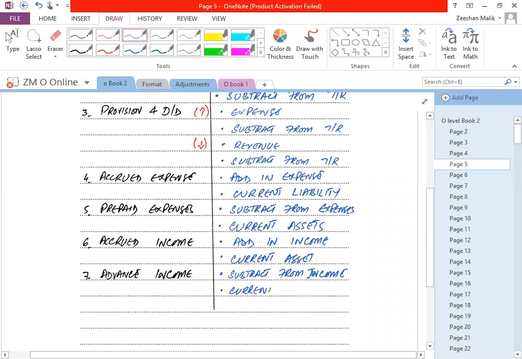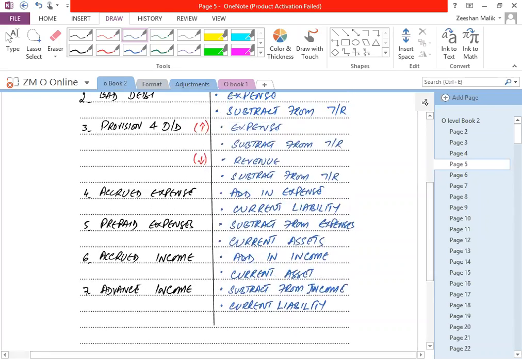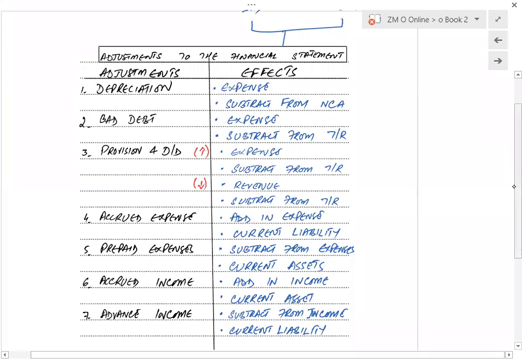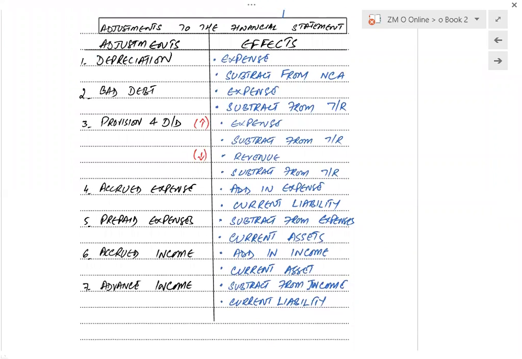You are supposed to provide services. You already received the amount. So right now your focus should be these 7 adjustments at this level. You need to understand and learn these adjustments.